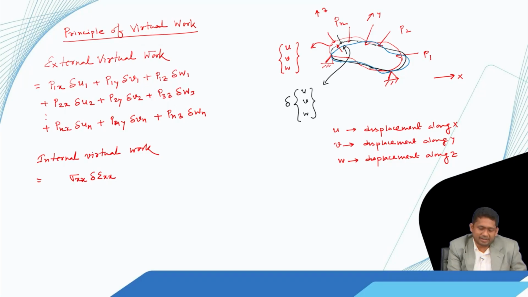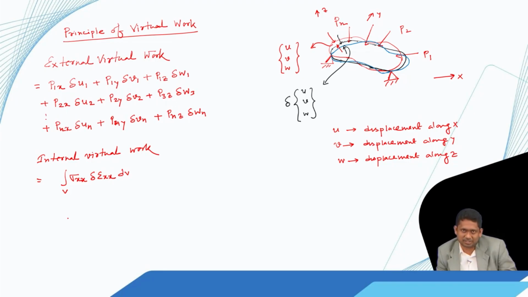When I write it like this, it is the internal virtual work density. If I integrate over the volume, that would give us the total internal virtual work, but that corresponds to only one component. There are 3 normal components and 3 shear components. We will look into these stress components in more detail as we go along.